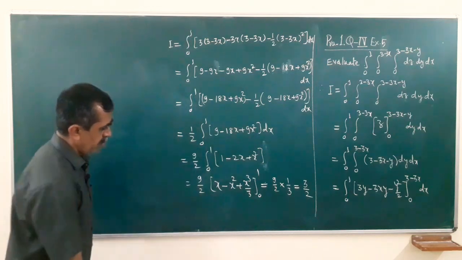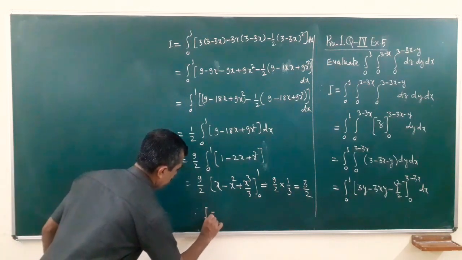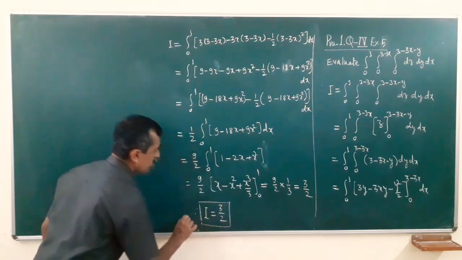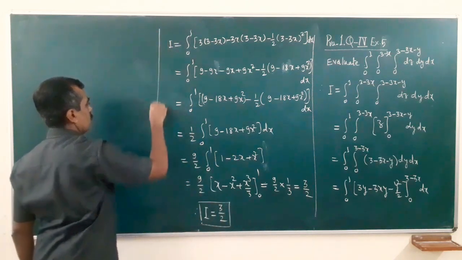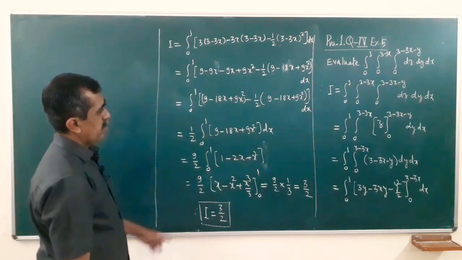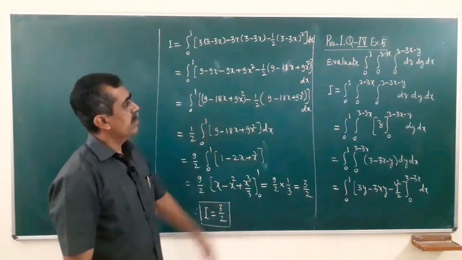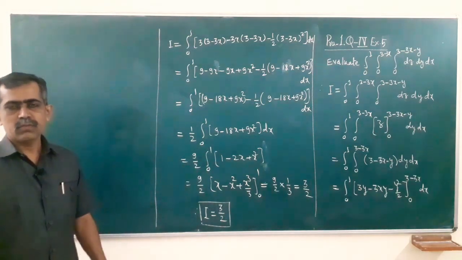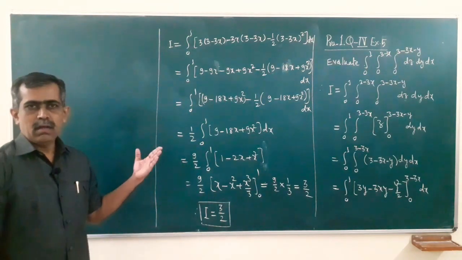Okay, so therefore I is equal to 3 upon 2. So this is what the answer is. So just put the limits and have the answer. So this is the last problem from your practical 1.